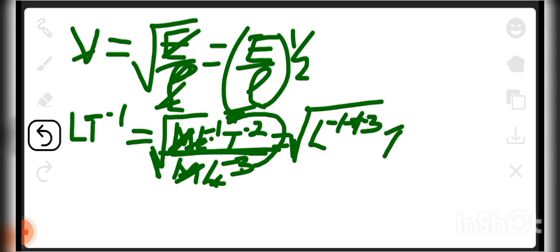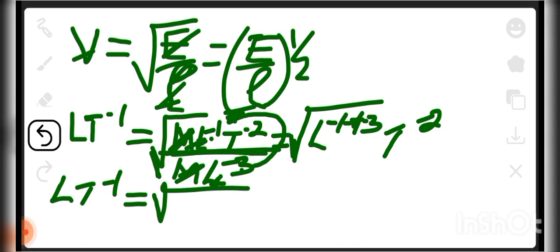Then T raised power minus 2. So that will give us L T raised power minus 1 is now equal to the square root of L raised power minus 1 plus 3, that is 2, L square, then T raised power minus 2.